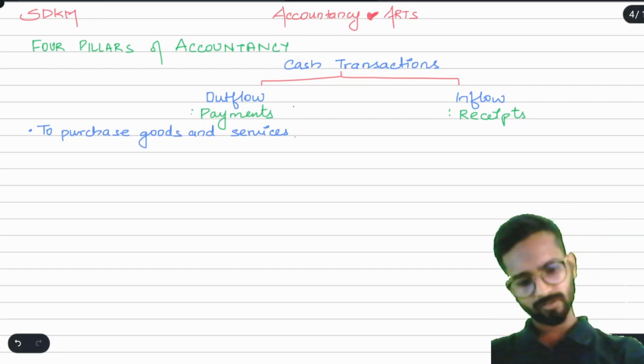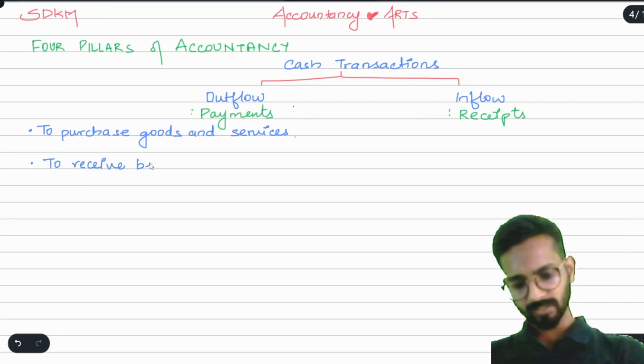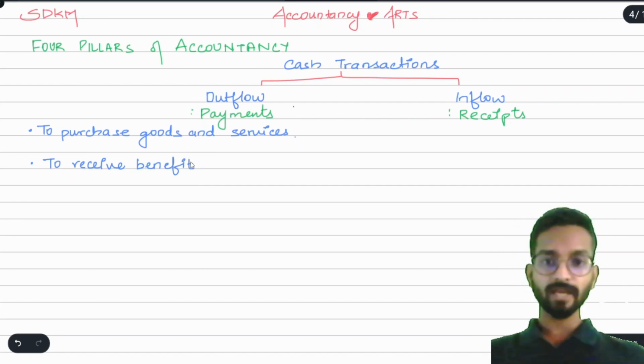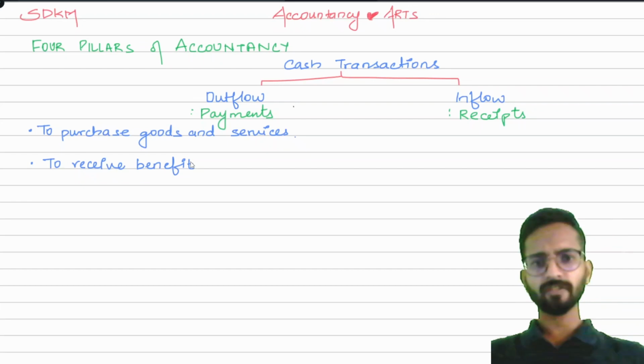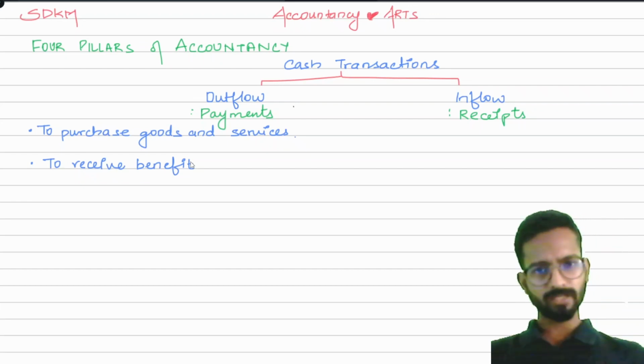You will say yes. So if I write here, payment is made to receive benefit. Obviously, we are not doing charity here. So we are making a payment to receive the benefit. We are sure that benefit will be received in some time, whether today or tomorrow. That's why I am making the payment.